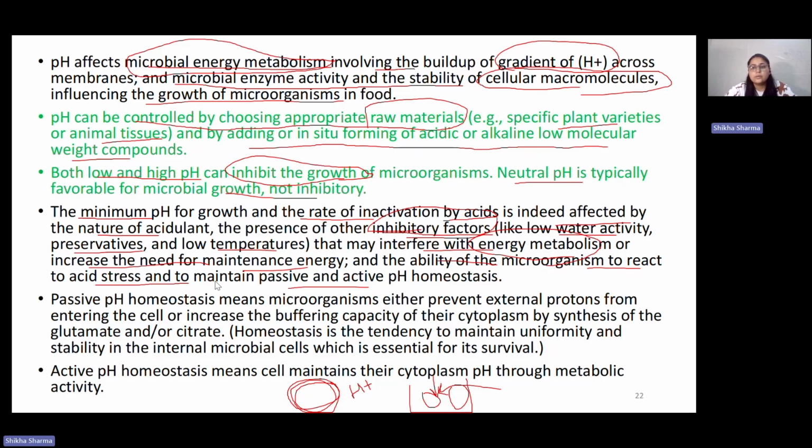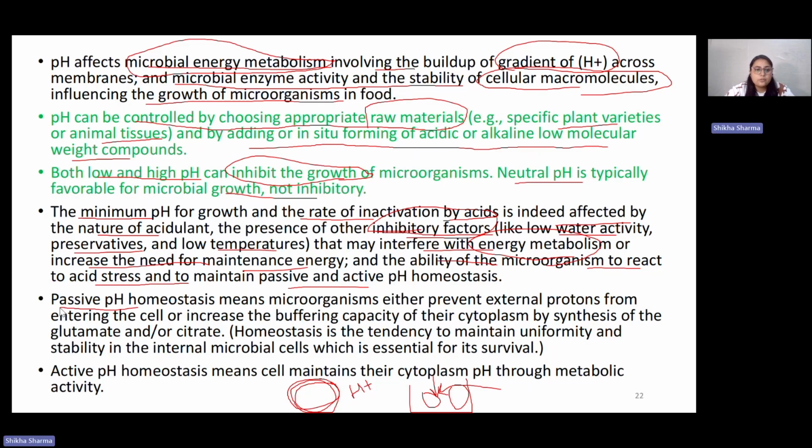Also the nature of the microorganisms is important, because some microorganisms can tolerate high pH change, whereas others cannot maintain that homeostasis.